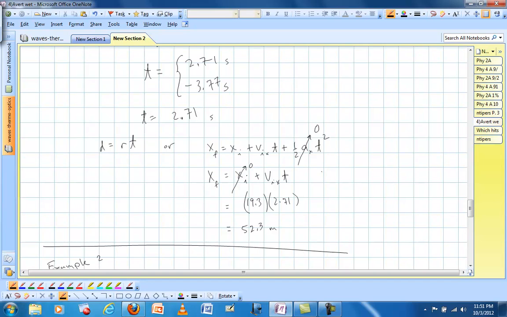And that should look familiar to you because a lot of us remember distance equals rate times time. Well, that's what we're getting here. Because our initial position was 0, x final actually is the distance traveled, and that ends up being just the velocity times the time, 52.3 meters.